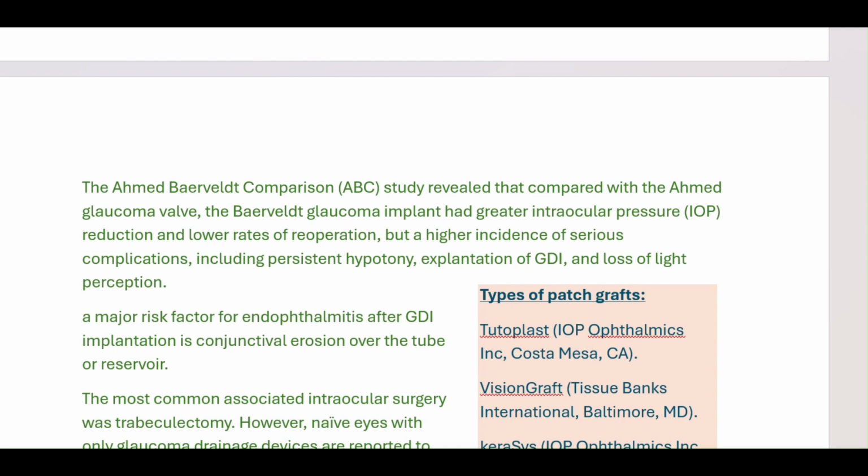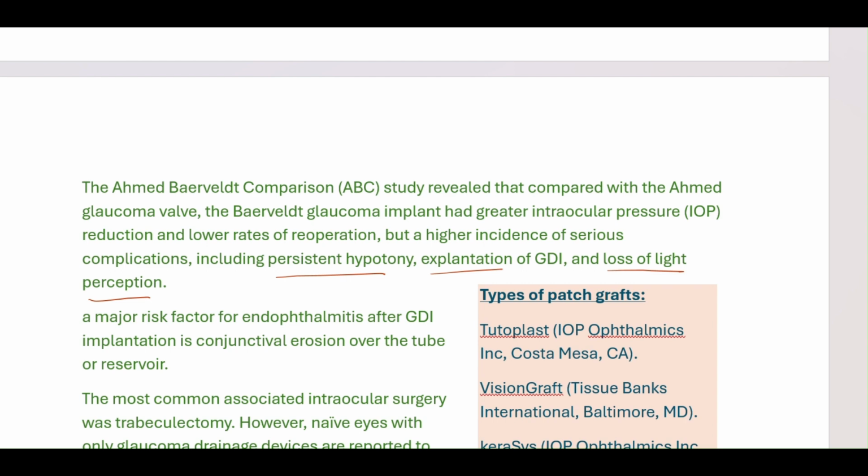However, at the same time, Baerveldt glaucoma implant had greater incidence of serious complications like persistent hypotony, explantation, and loss of light perception. At this stage, endophthalmitis is not mentioned.